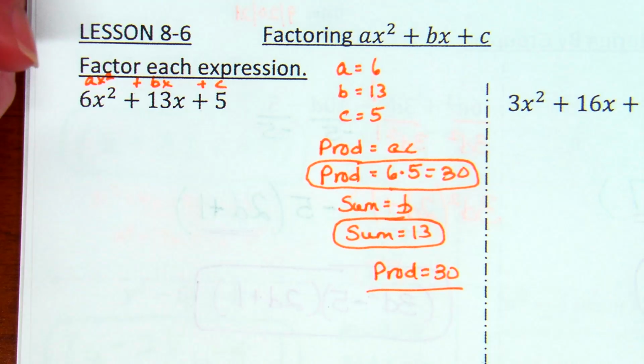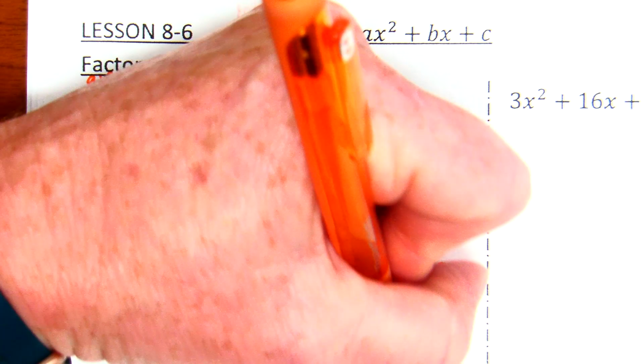Yes, 2 and 15. Does 3 go into it? Yes, 3 and 10. 4? No, if you divide it, you get a decimal. 5? Yes, 5 and 6. And when I say 6, we just used it, right?